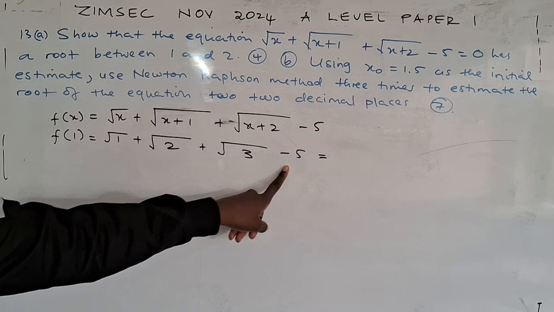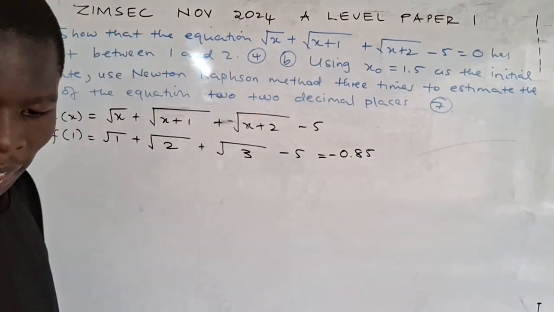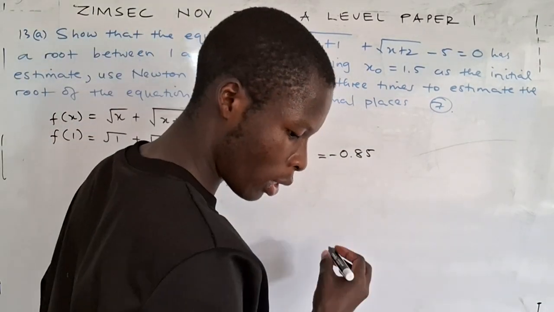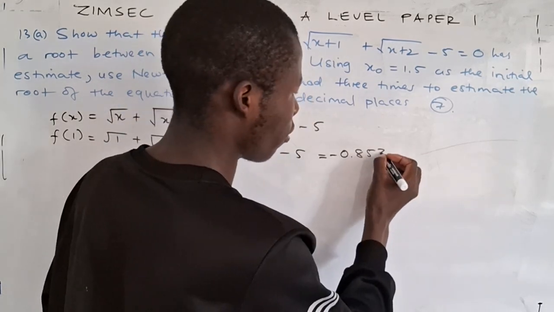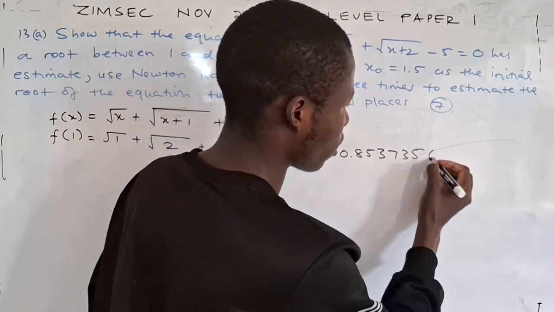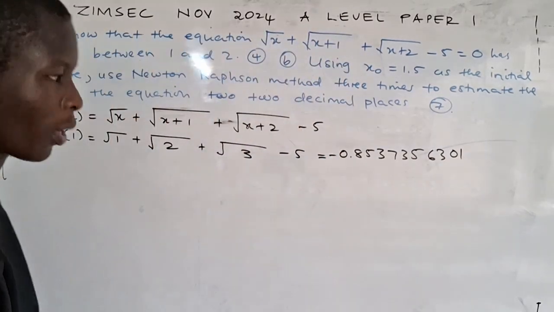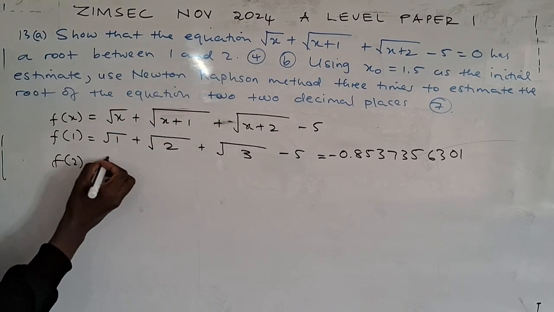What is the answer? This is negative 0.853735, okay, 37356301.